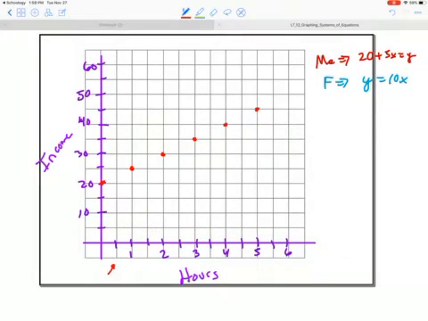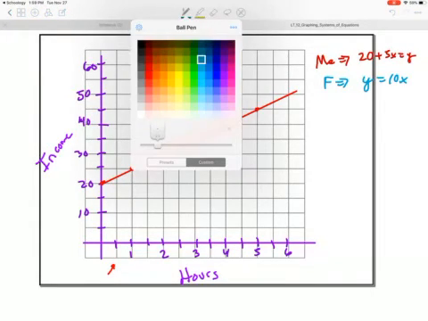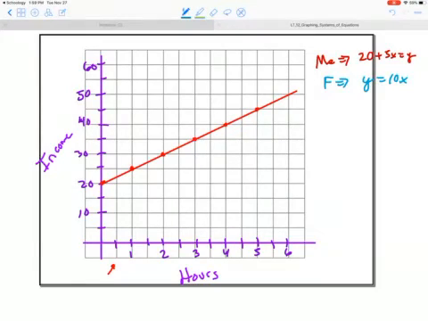My scale is 0.5. So I've got that line. My friend is y equals 10x. So it starts at 0, goes up 10 for every hour, goes up 10 for every hour. So I'm going up 10 for every hour, and then I've got these points.